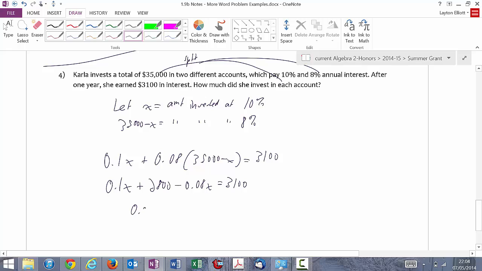So this is 0.02x is equal to 300, and that would mean x is equal to 30,000 divided by 2, or 15,000. And she invested 15,000 at 10%, and that would be 20,000 at 8%.